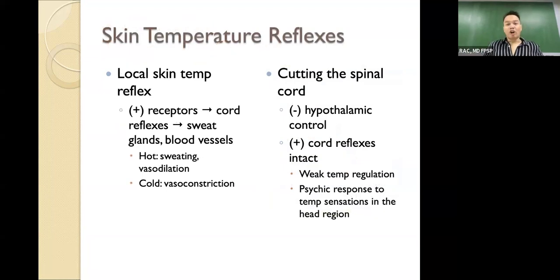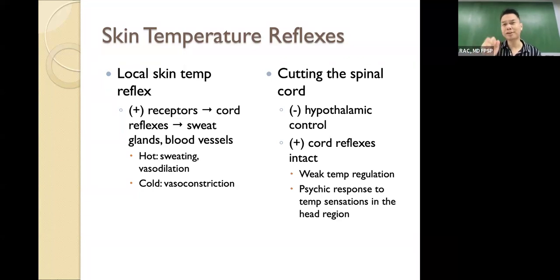Now, the spinal cord also has, to a certain degree, some control for thermoregulation. So these are your local reflexes or spinal cord reflexes. This will mainly control localized areas. For example, if you place an ice pack on a particular extremity, that area will undergo cutaneous vasoconstriction.